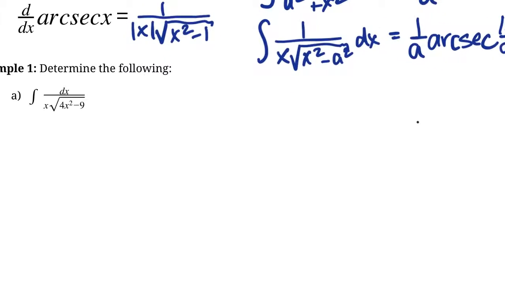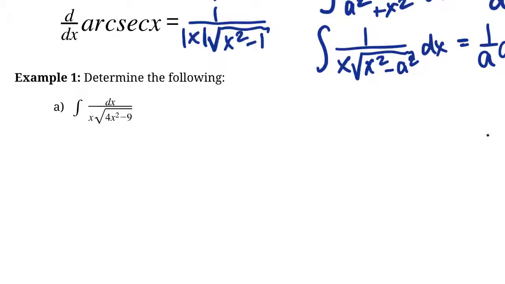So I'll try to leave that in the top corner, right? In our equation here, we have this x out in front, but we also have a 4x squared minus 9 in there. So the question is, what's sort of taking the place of the x squared and what's taking the place of the a squared? So the easy one is the 9, right? 9 is just 3 squared. So the a in this case would be 3, right?